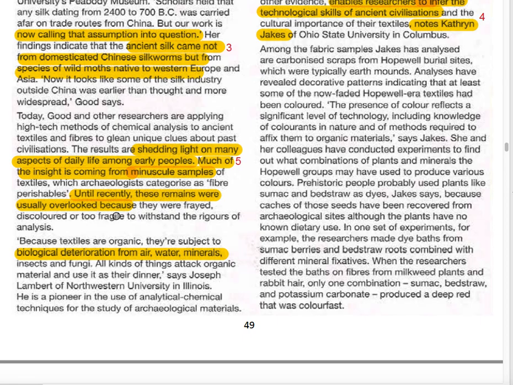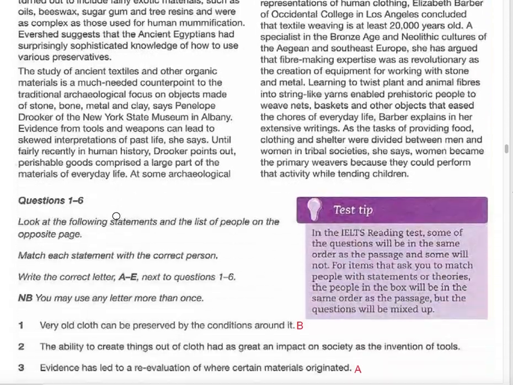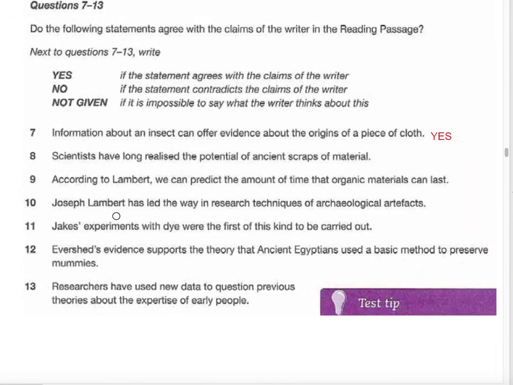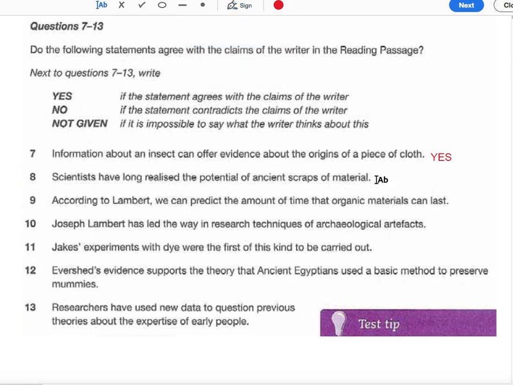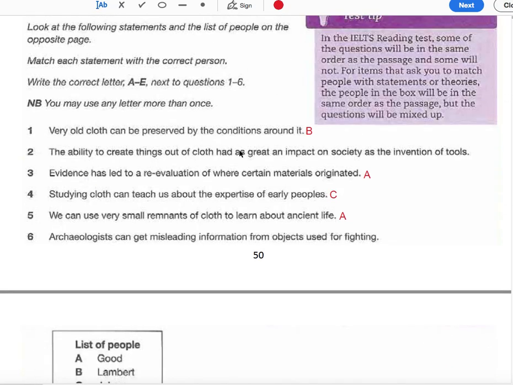It means too weak. So that is suggesting to me that scientists have long realized the potential? No, they overlooked it. They didn't realize the potential. So it's the opposite. So that means that this one here is no. Okay, that's number 8.